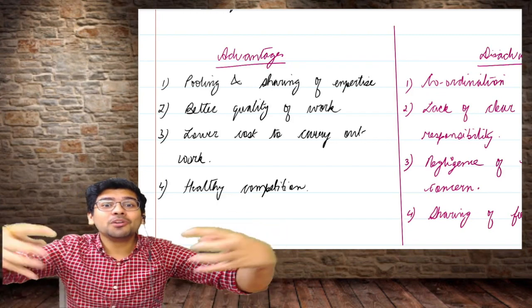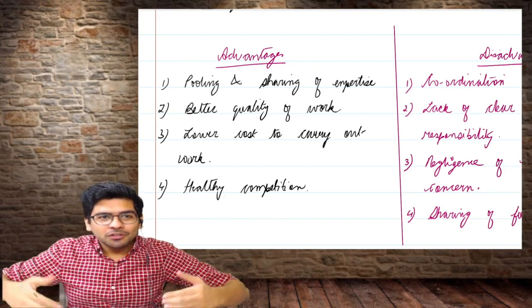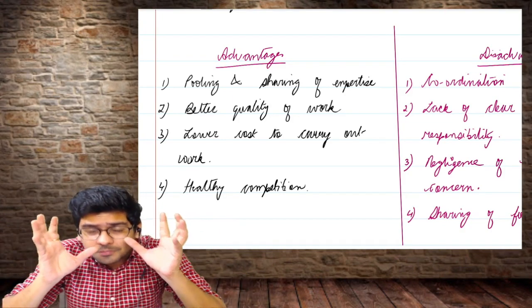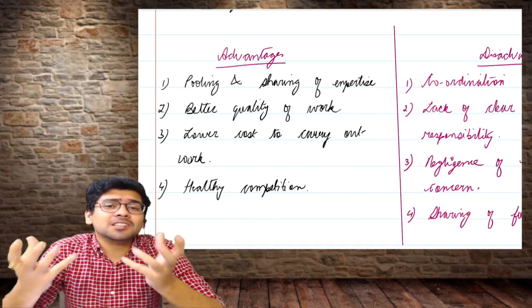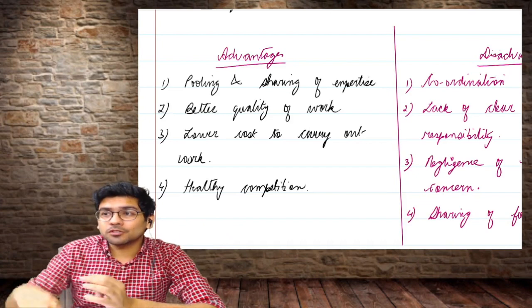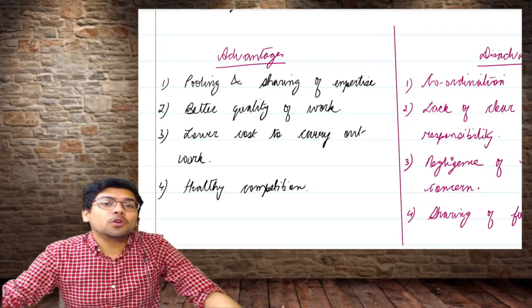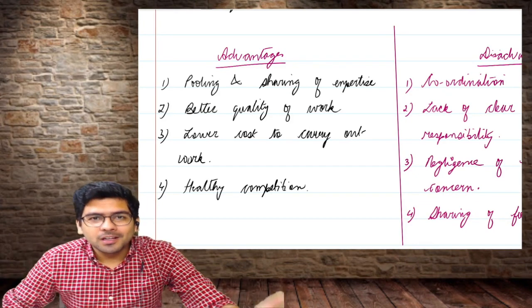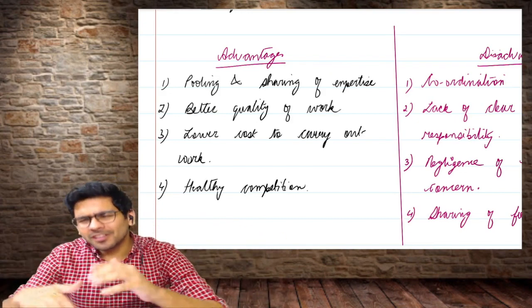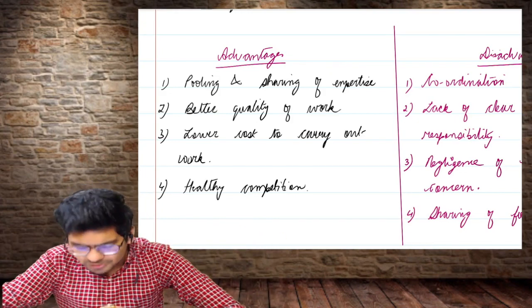So when there are 2 or 3 professionals involved, your quality of work improves. There arises a situation of healthy competition. Let's say you find misstatements, so the other will also say, no, I need to work better, I also shall be finding any misstatements they have. So all these things lead to better competition also. So these are the advantages.